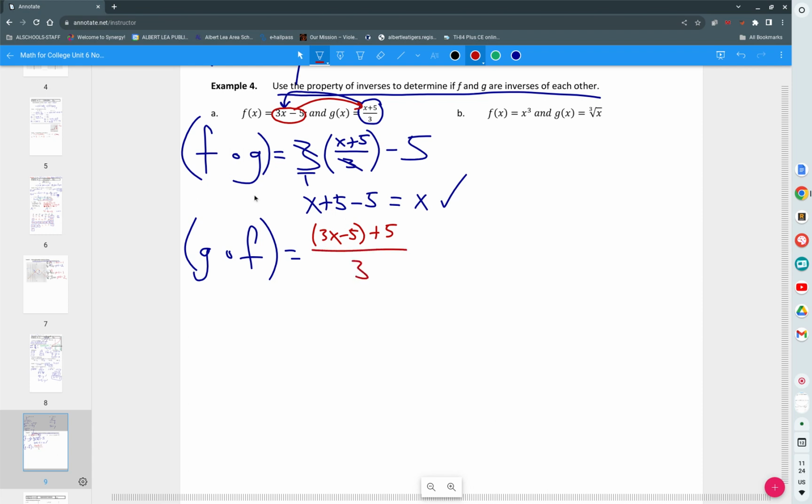Now, it's very important that you recognize what's going to cancel first. Are the 3's going to reduce first, or the 5's going to reduce first? The 5's are going to reduce first, okay? So as you add and subtract those 5's, you get 3x on top, and you get 3x on the bottom. And 3x over 3 is just going to give you x. So because you got x in both situations, they are inverses.